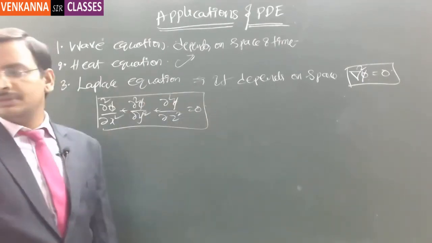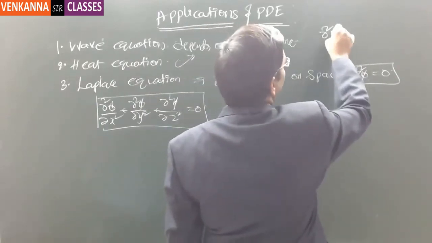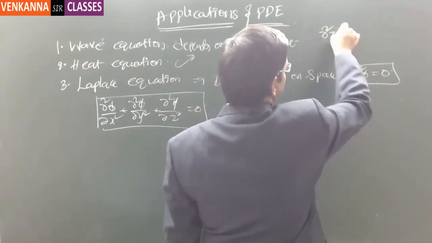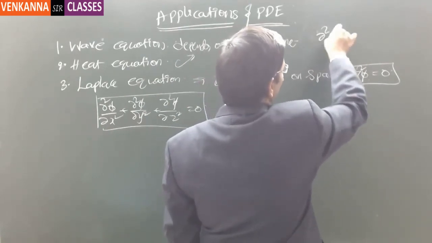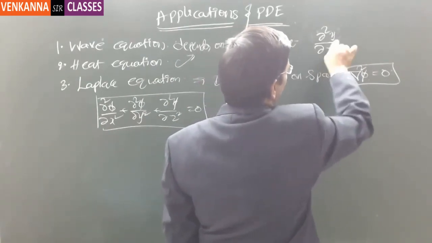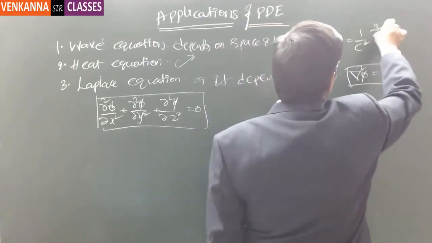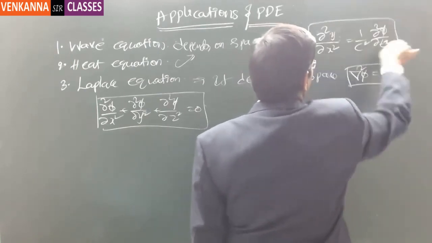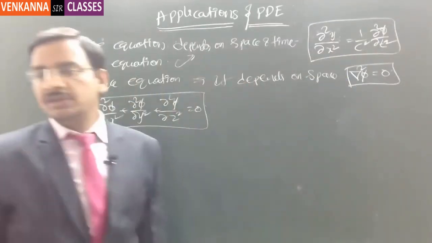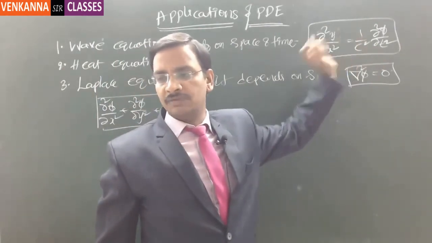And then the wave equation is dou square y by dou x square is equal to 1 by c square dou square y by dou t square. So this is the wave equation. Here there is a space dependence and a time dependence for the movement of y.